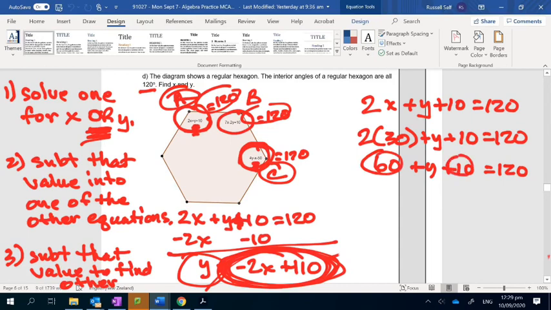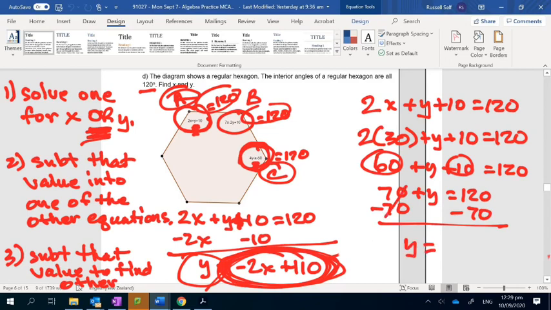Combine 60 and 10, you get what? 70 plus y equals 120. Then what? Subtract 70 from both sides and get y equals what? So x equals what? 30. And y equals what? And there's your answer.